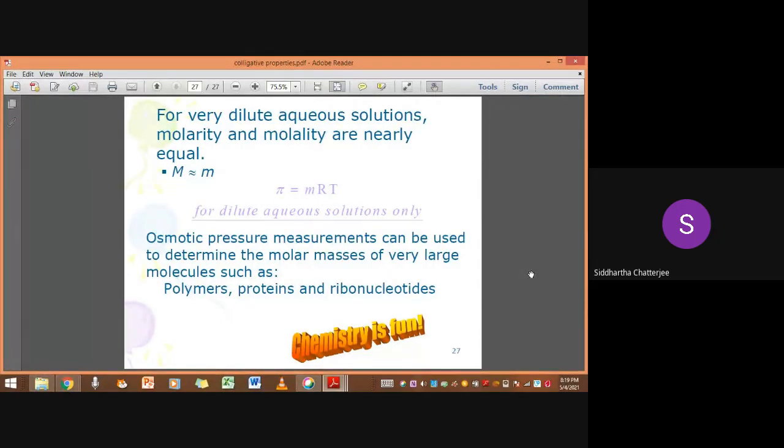Then again I would like to tell you, normally whenever you are writing the equation, for example the relative lowering of the vapor pressure, if you remember, that was del P by P0 equal to x2, or you can say del P equal to P0 x2.